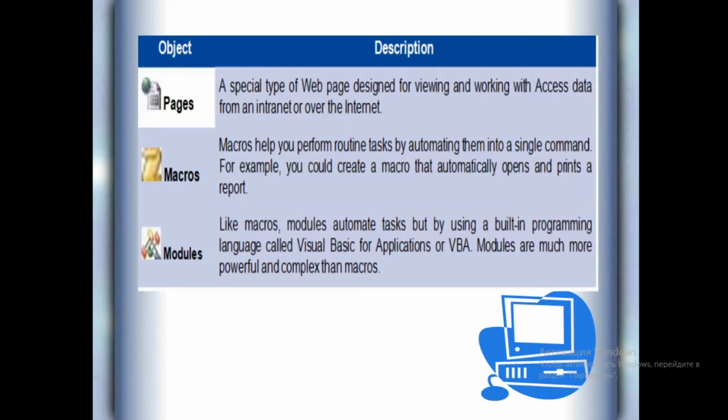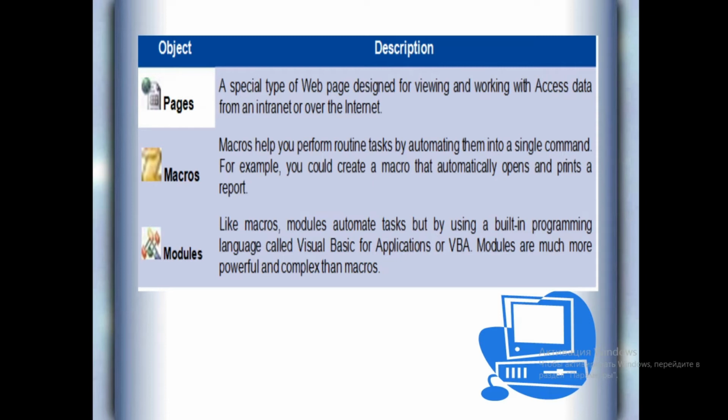The fifth object is web pages, a special type of web page designed for viewing and working with Access data from the internet or over the internet. Macros help you perform routine tasks by automating them into a single command.